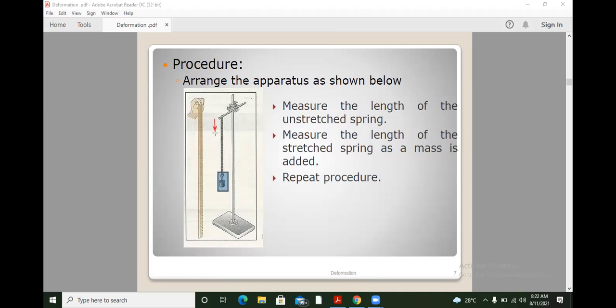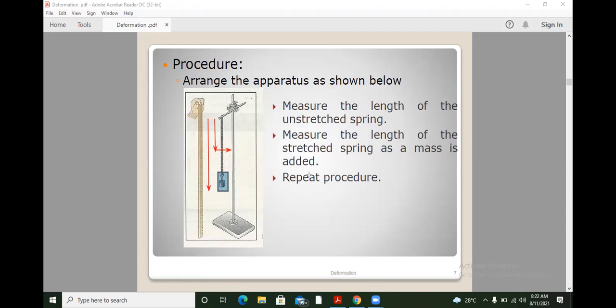Our first step is to find out the length of the unstretched spring, before it is stretched. Then, step two, we measure the length of the stretched spring with the mass, when the spring gets stretched.